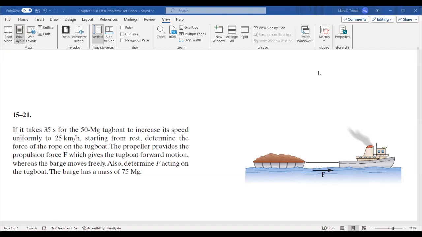The propeller provides a propulsion force F, which gives the tugboat forward motion, whereas the barge moves freely. Also determine the force F acting on the tugboat. The barge has a mass of 75 megagrams.